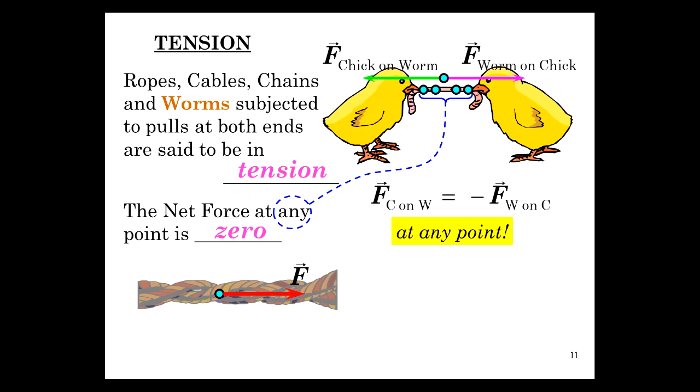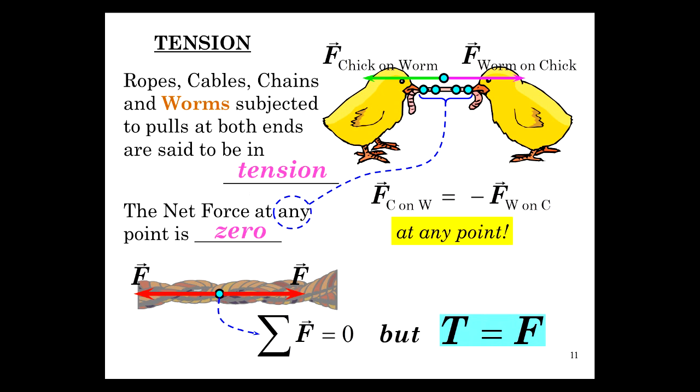You've got a force, and ultimately it's atomic forces that are being considered here. A force in the opposite direction. No net force, sum of F is 0, but nevertheless, the tension that it is subjected to is equal to the force F everywhere along that object.